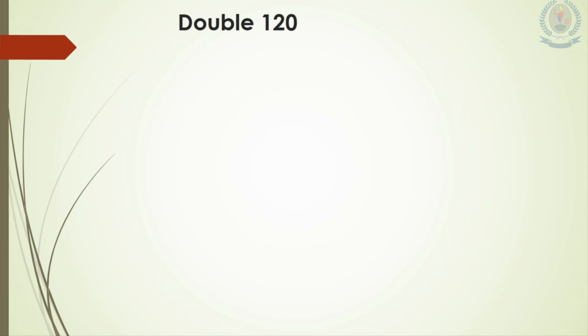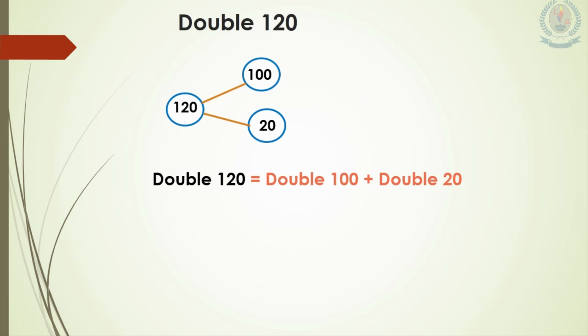Now let's see how to find the double of 120. Up to now we found the doubles of multiples of hundreds. Now let's find the double of 120. 120 can be regrouped as 100 and 20. Now we can find double 120 equals double 100 plus double 20.